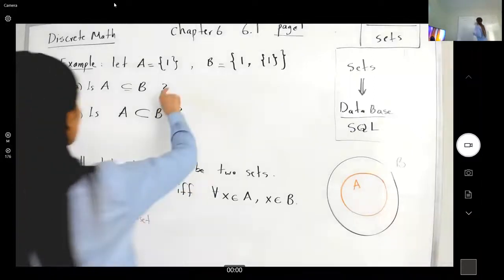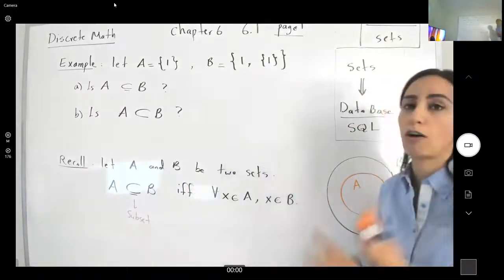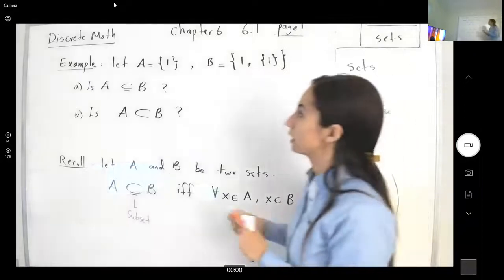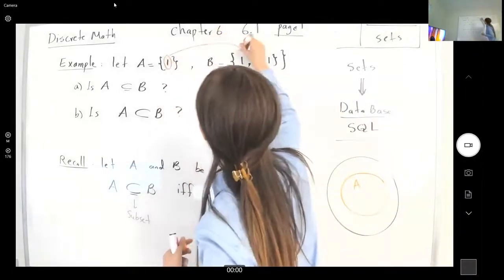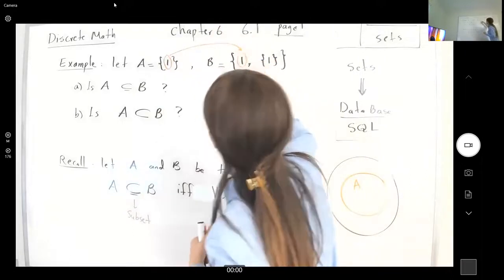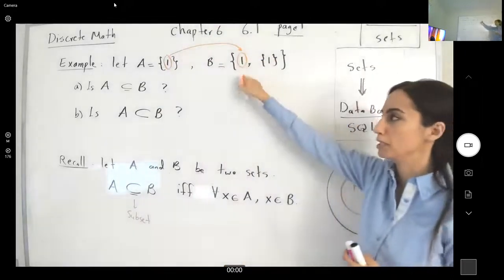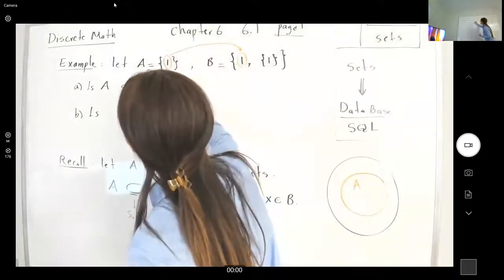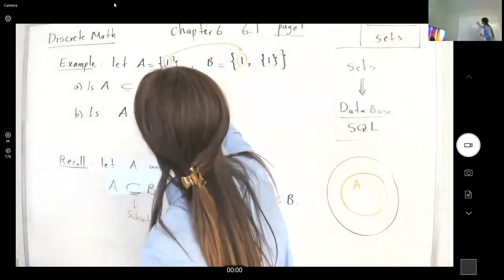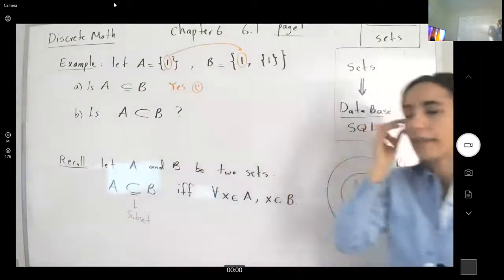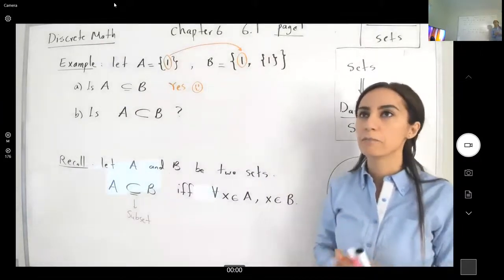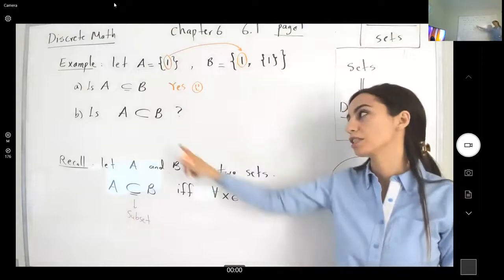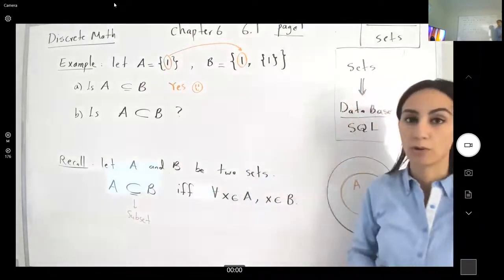Well, the answer to the first part is yes, of course. If I take the element in set A, which is 1, I exactly see that element lands in the larger set B. So the answer here is yes. Is A a proper subset of B? You have different methods investigating to see if A is a subset of B or not.